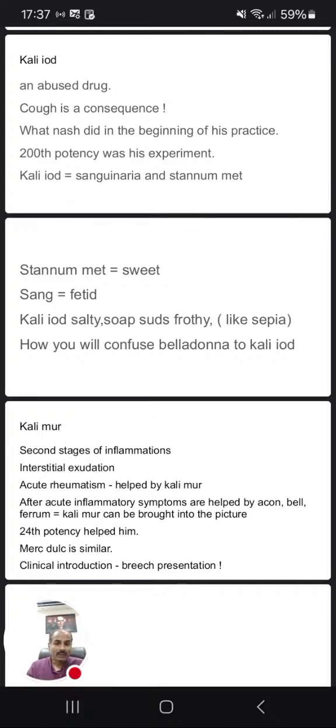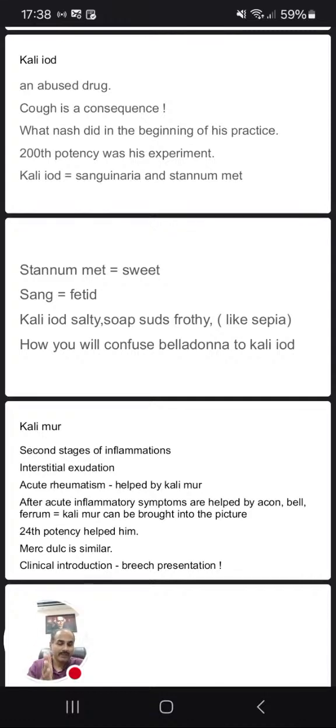So Kali muriaticum, he says that he solved cases of acute rheumatism with Kali muriaticum, especially in the 24th potency. Can you believe it? And we are struggling in our clinics with different types of rheumatic cases. Dr. Nash gives us a blueprint to succeed with certain potencies that he used, certain repetitions that he prescribed in those cases. So I would urge all viewers to go and become readers of Leaders in Homeopathic Therapeutics by Nash.